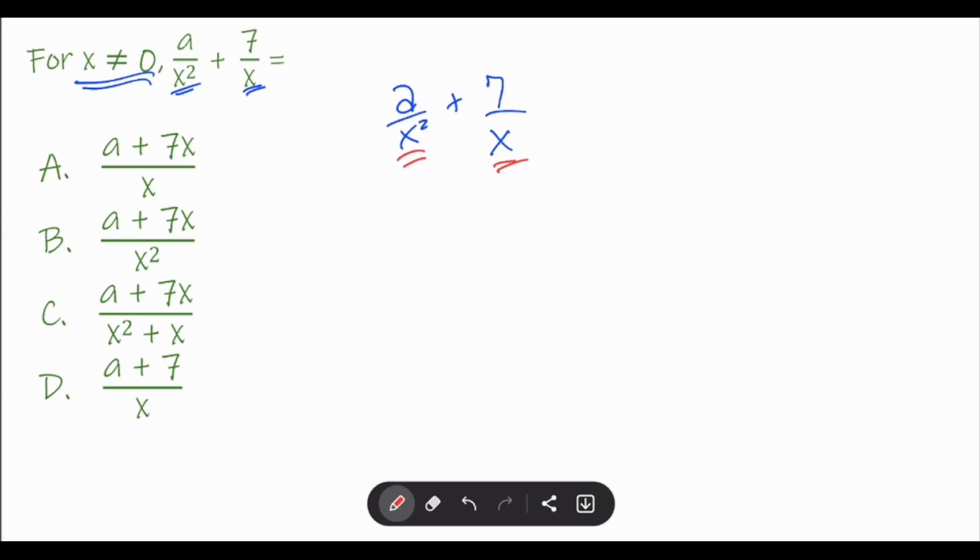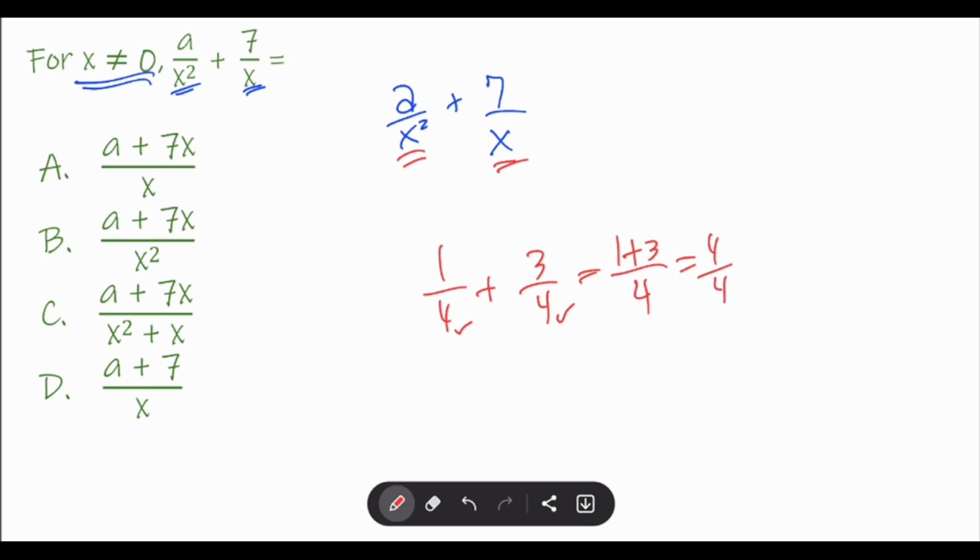So why do we need to make it the same? It's because in adding fractions, the denominators have to be the same because you just need to copy it. For example, we have 1/4 plus 3/4. You can combine them because the denominators are the same, and you just need to copy it and add the numerators, 1 plus 3, which is equal to 4.